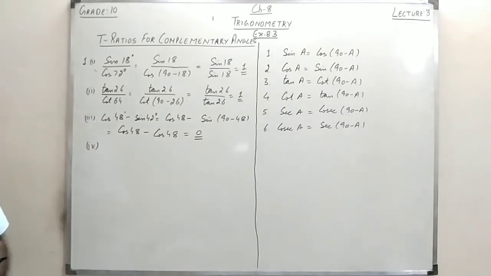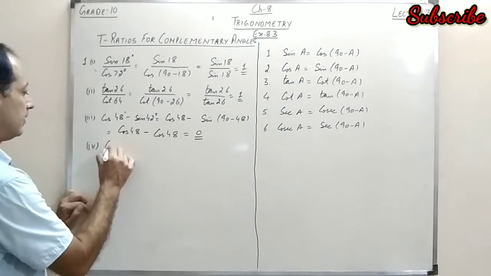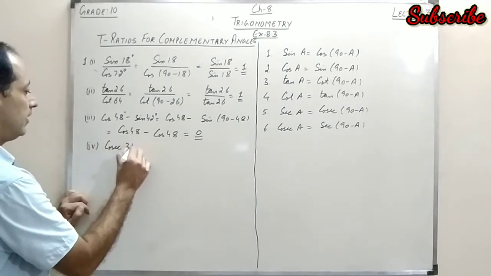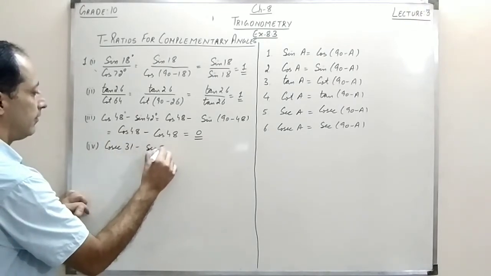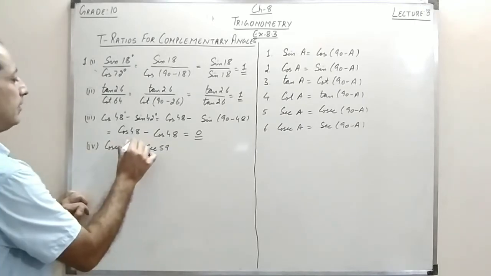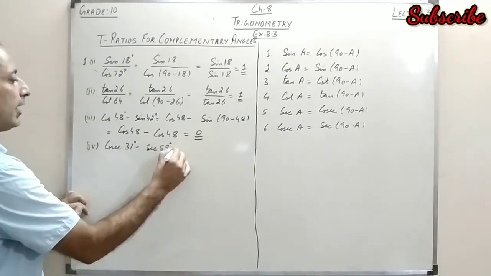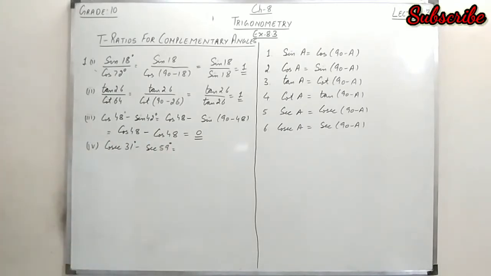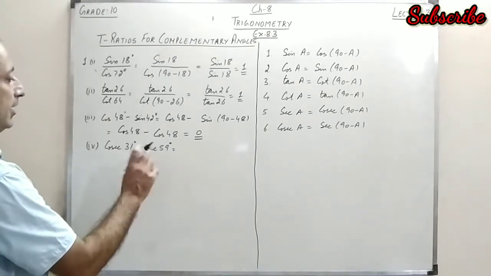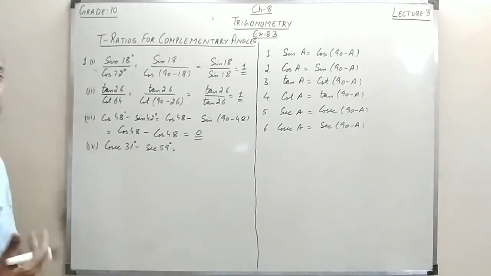This is given as cosec 31 minus sec 59. Cosec 31 minus sec 59. Right? And put the degrees. Now again I change one of the angles, not both, but before I change, let me check. 59 plus 31. If we add these two, you get 90. Right?